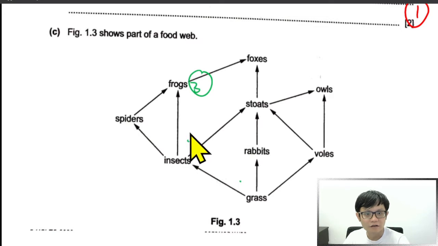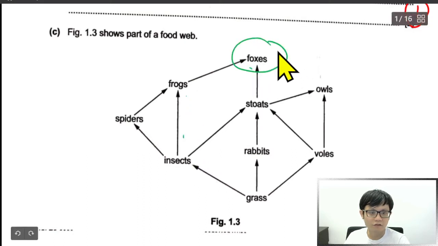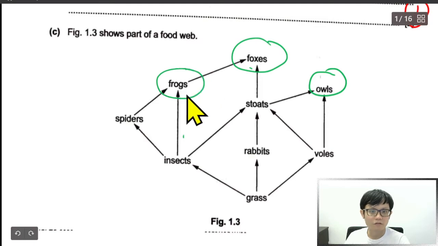Frogs and foxes also can, because grass, rabbits, then foxes. So 1, 2, 3 foxes. I read like fox or foxes. 1, 2, 3 the owl, and one more, 1, 2, 3 the frog.